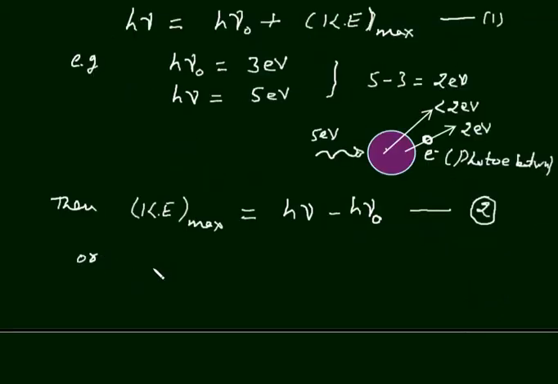Or as the kinetic energy is half mv square max, this is maximum, this becomes equal to h nu minus h nu naught. M is mass of photoelectron and this v is speed of photoelectron. This is our equation number 3.